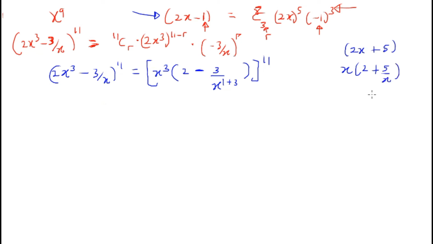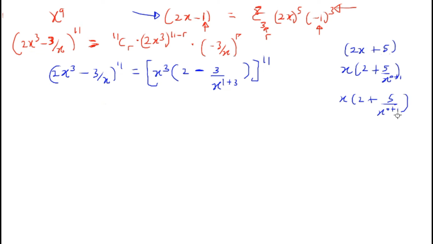The reason is that it's like saying 0 plus 1 as the power of x. So I have 2 plus 5 over x to power 0 plus 1. The 0 is the actual power of x there, because x to power 0 is 1, so it looks like there is nothing there.